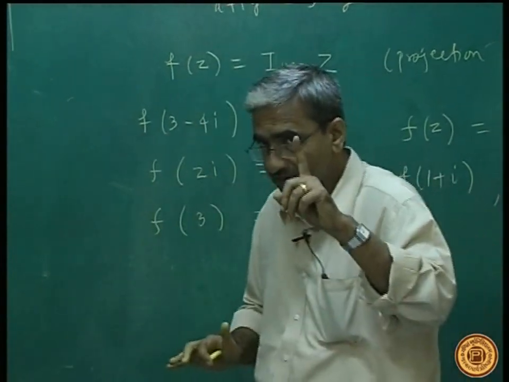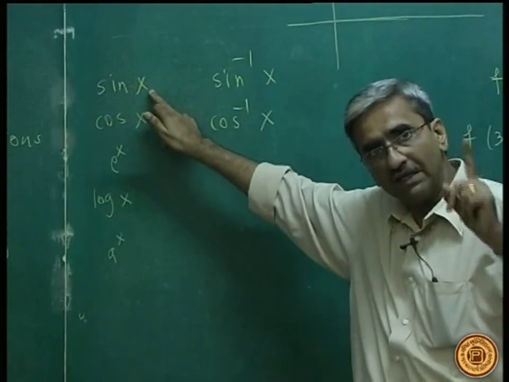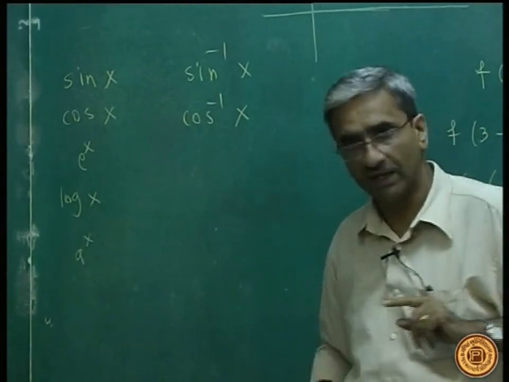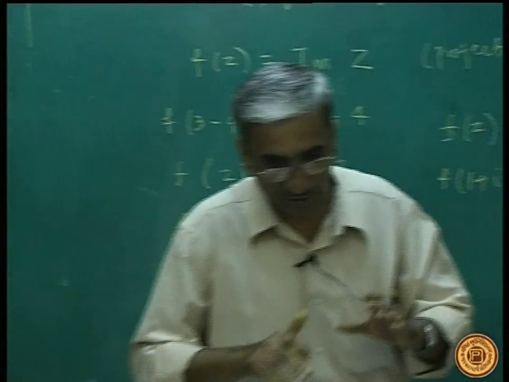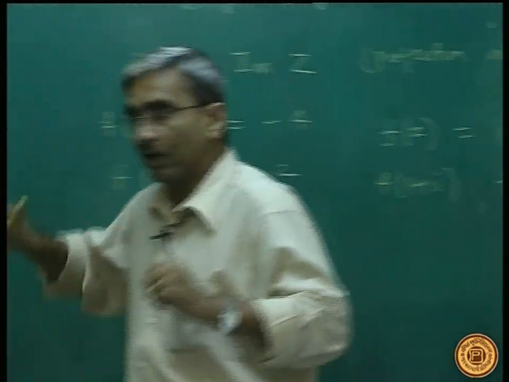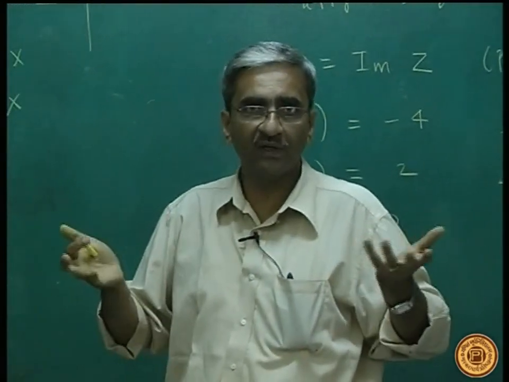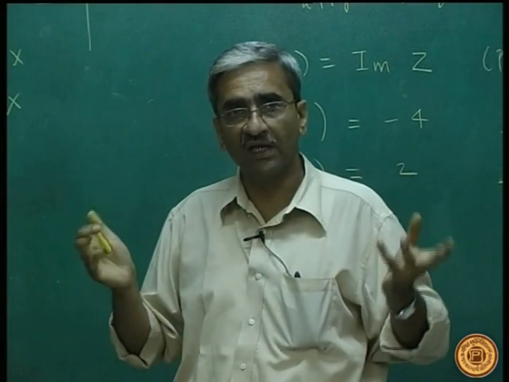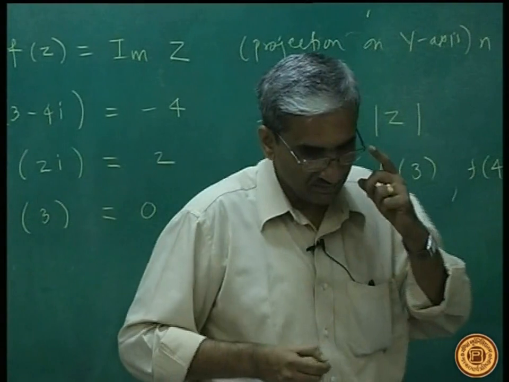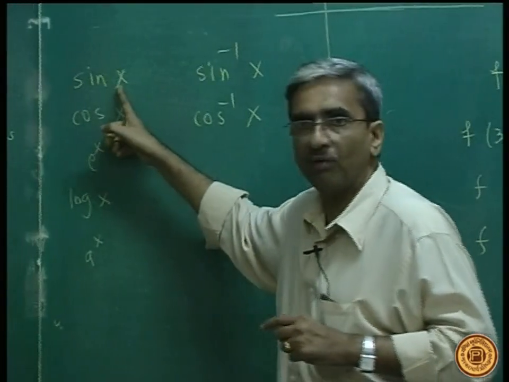But what is difference? Difference is that this variable was real. X was a real variable. Cos x, x was a real variable. E to the power x, x was a real variable. And now the same thing we want to do. That is limit, continuity, differentiation, integration of functions. But which functions? Function of complex variable.